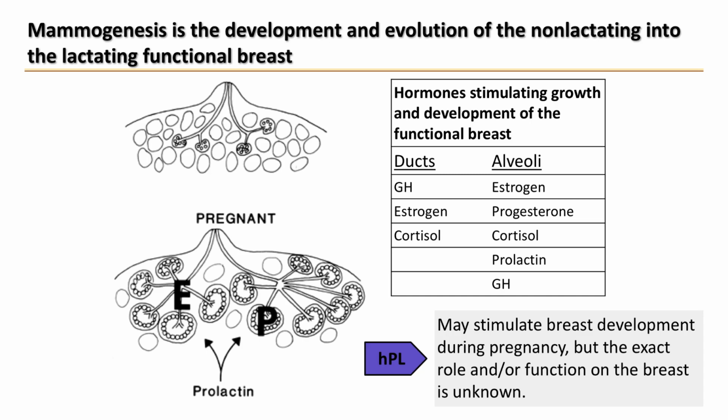Note that though originally identified as human placental lactogen, HPL was originally thought to also help augment growth of the breast, but we now know that the role of HPL is predominantly growth and metabolism, and it may augment some of the immunosuppressive effects exhibited by prolactin during pregnancy.